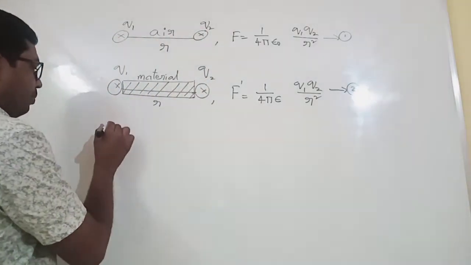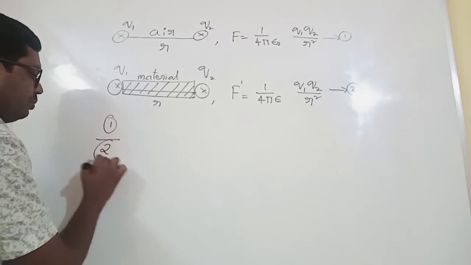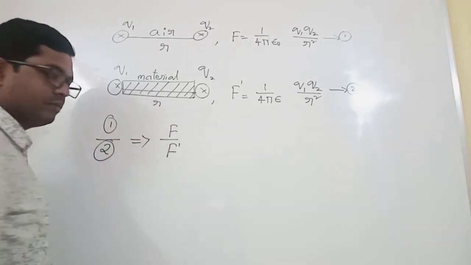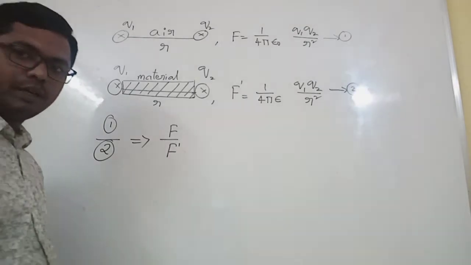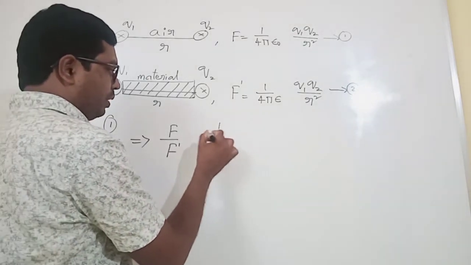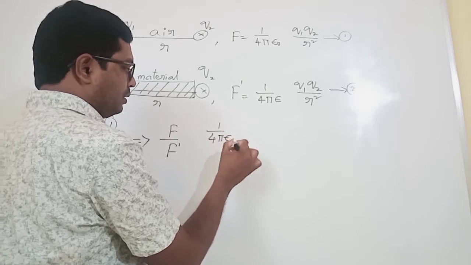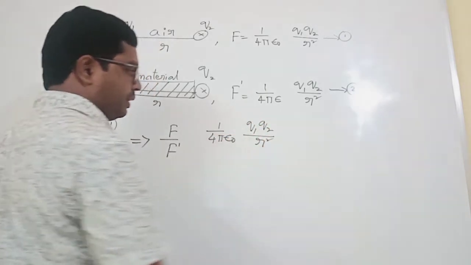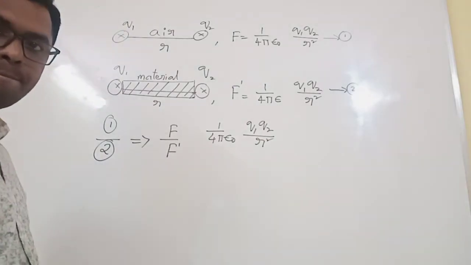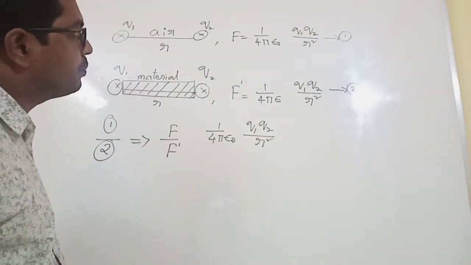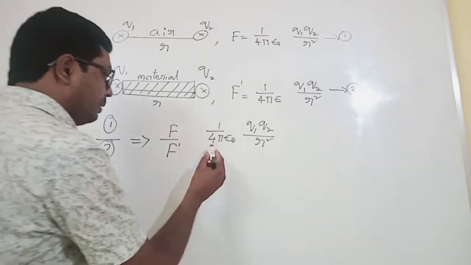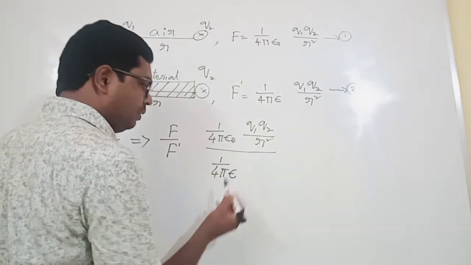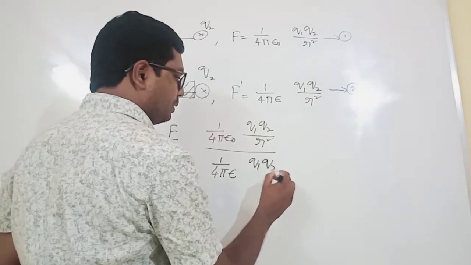Now, from 1 divided by 2, we get F divided by F dash, where F is 1 by 4 pi epsilon naught Q1 Q2 divided by R square, divided by 1 by 4 pi epsilon Q1 Q2 divided by R square.